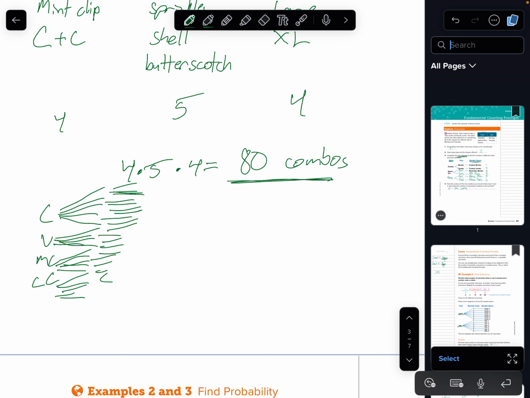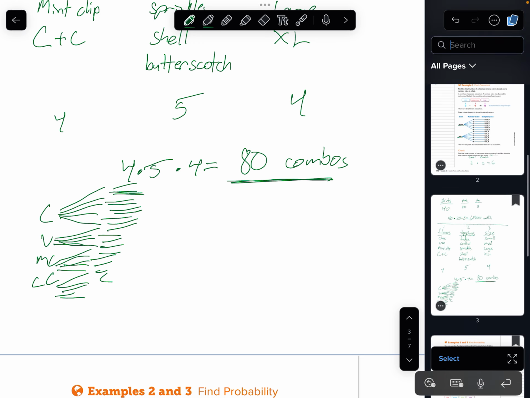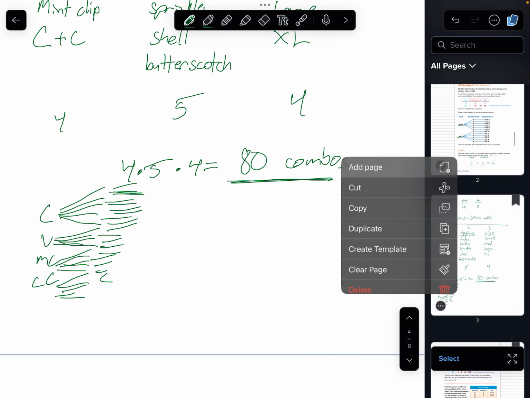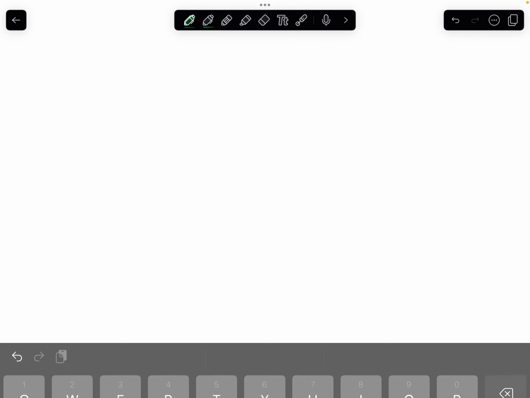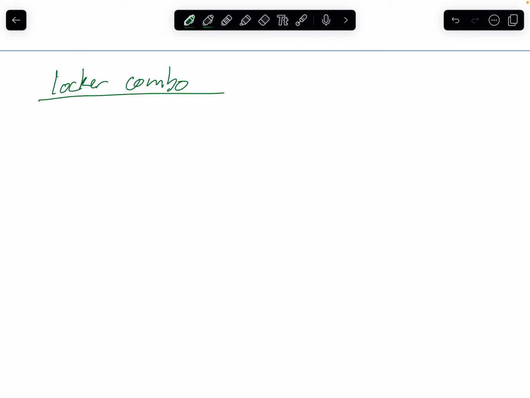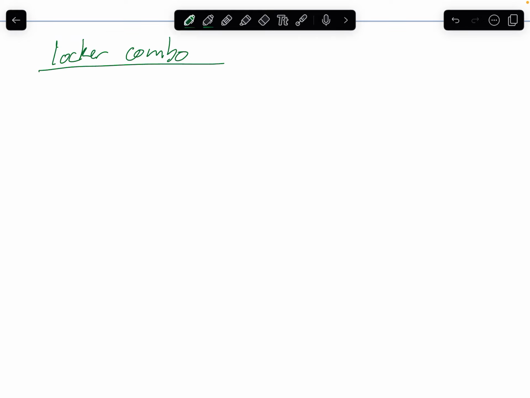Okay, we're going to add one more page here. Okay. We're going to take a look at something called a repeated action. Okay. So something like a locker combination. For a locker combination, we know that there are 3 possible numbers.